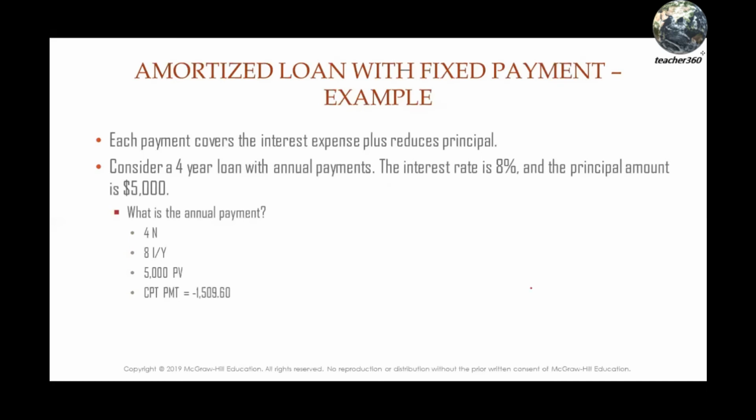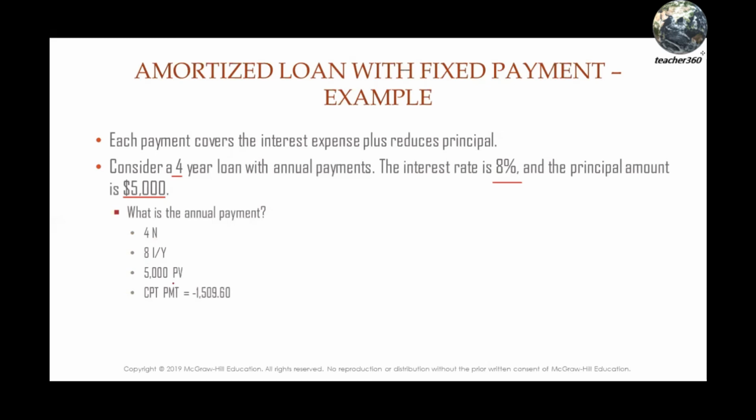So your total number of years is 4, your interest rate is 8%, your principal amount is $5,000. So now you have to find out the annual payment. So press N equal to 4. For interest, press 8.